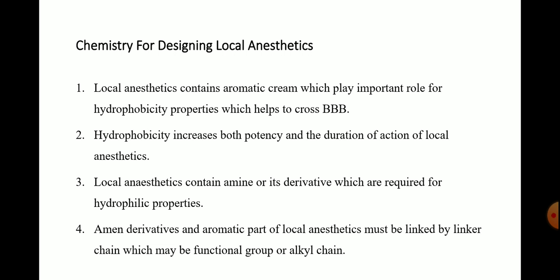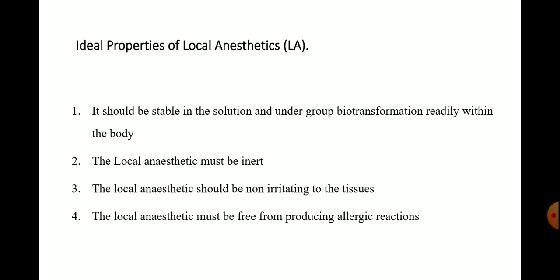Local anesthetics contain an amine or its derivative, which is required for the hydrophilic properties. The amine derivative and the aromatic part must be linked by a linker chain, which may be a functional group or an alkyl chain. So this is the chemistry of local anesthetics.